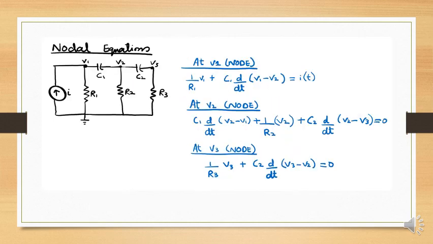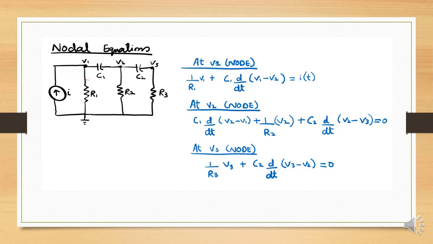Now the next circuit. In this circuit, as is clearly understood, they have made three nodes, V1, V2 and V3. We have to apply nodal equations, KCL, Kirchhoff's current law. So at node V1, how can we get the value of current at this branch?